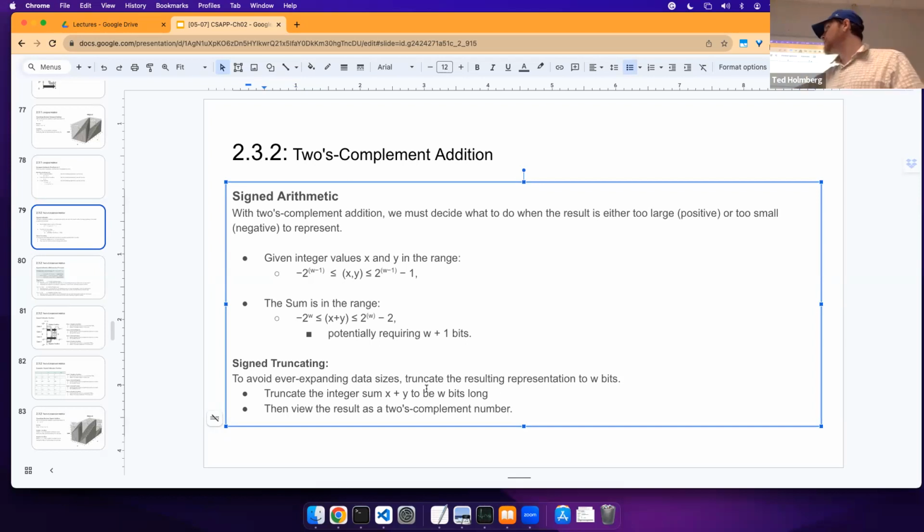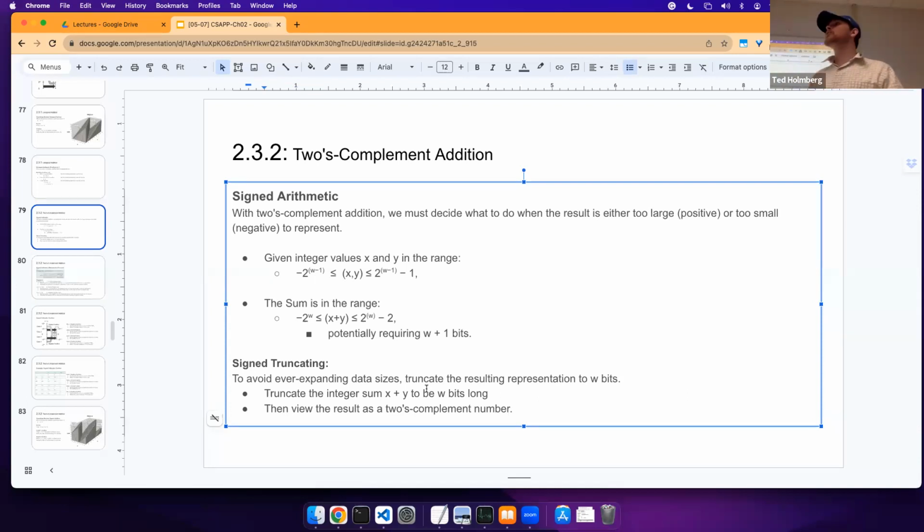And again, this could potentially require an additional bit in the result. So an inflation occurs. And once inflation occurs with one operation, it's possible to repeat that process and just indefinitely inflate. So when we look at these mathematical expressions, we're going to have to use the same thing that we did to fix this in unsigned arithmetic.